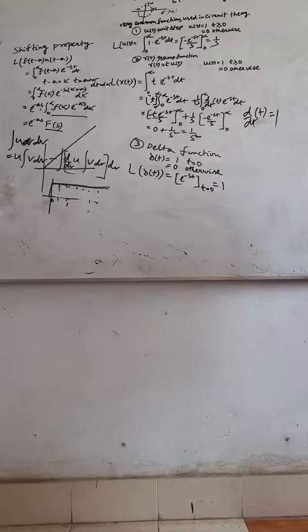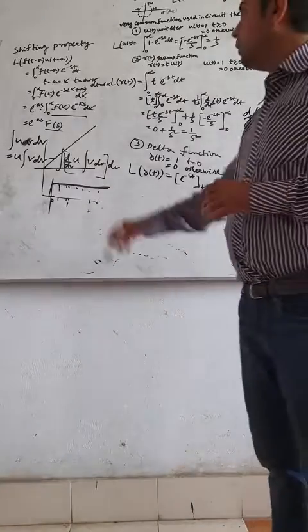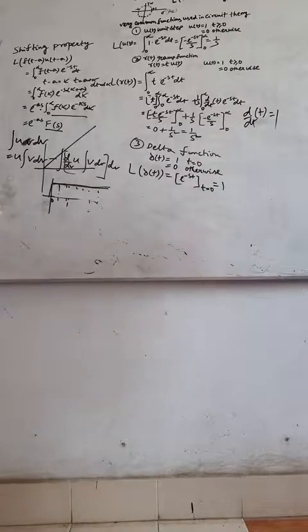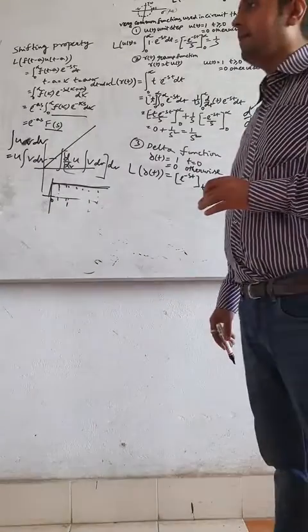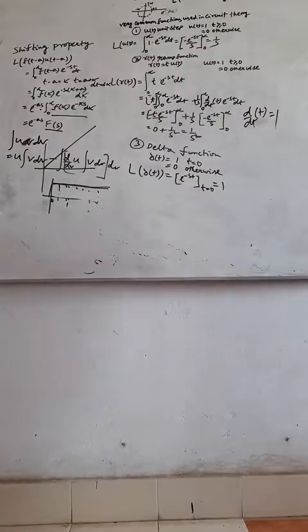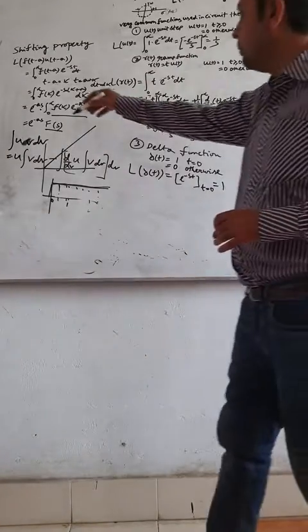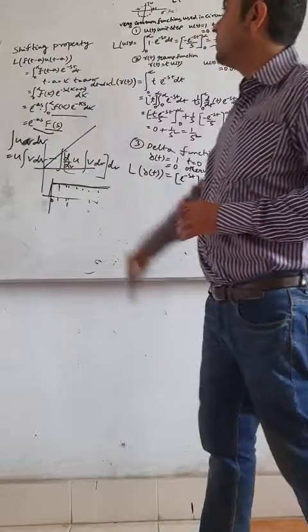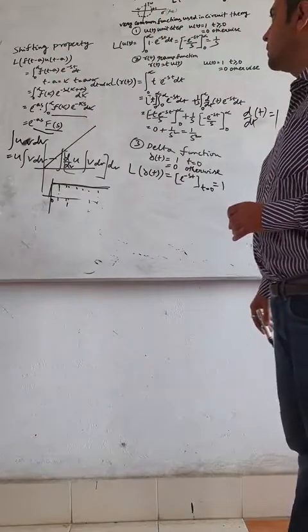I will show you two examples where we use this shifting property to find the magnitude of current by using inverse Laplace transformation. Then this property will be used as an inverse. Suppose this is given to you, your result will be this, by inverse Laplace transformation.